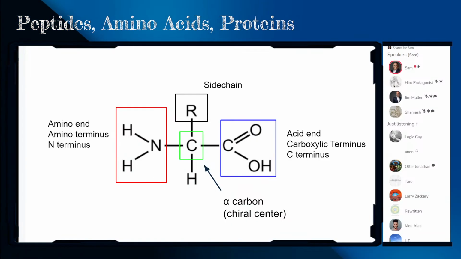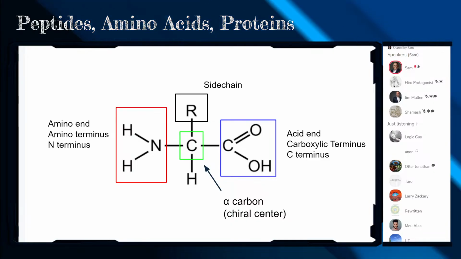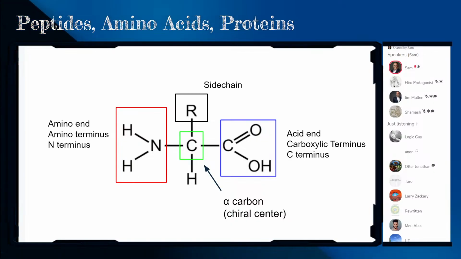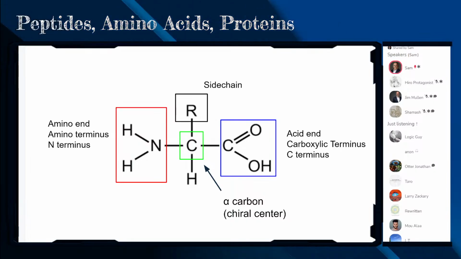On the right-hand side, in the blue box, we have the acid end, or the carboxylic terminus, or the C terminus. This is why, because of the N terminus and the C terminus, a minute ago when I said we write the direction from N to C, it's from the N terminus to the C terminus that is the direction of the amino acid chain by convention.